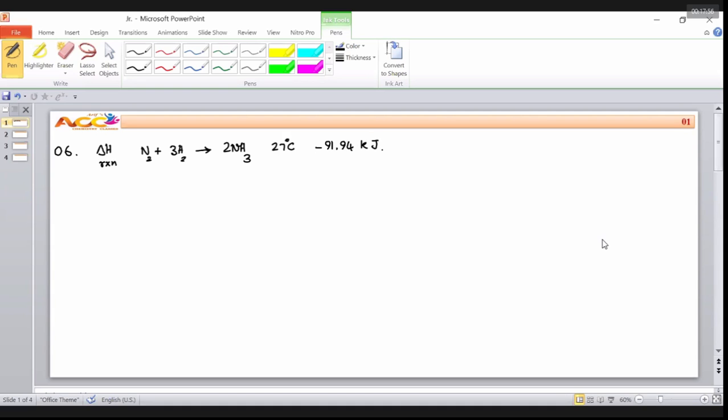Okay. What will be its value at 50 degrees centigrade?